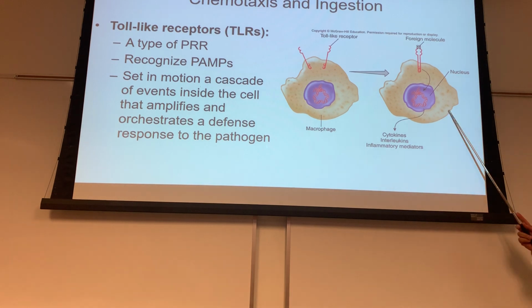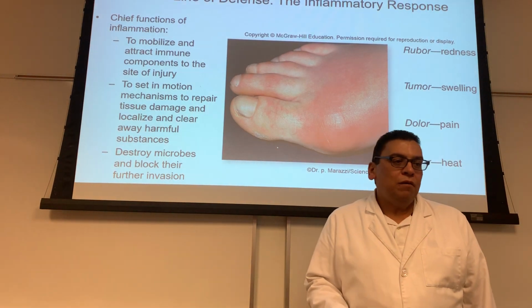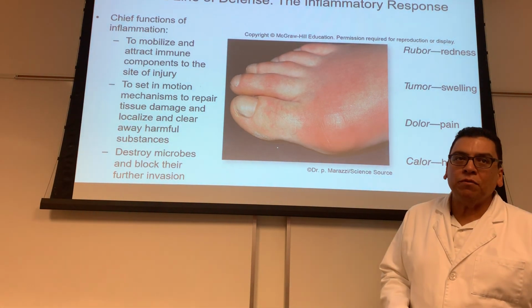Meanwhile, of course, it will also be doing phagocytosis. So it phagocytoses while it's sending the alarm. It's fighting a fire and at the same time calling for help. It's amazing how these things work. Okay, so that was a specific example of a PRR, the toll-like receptor, and how it works.